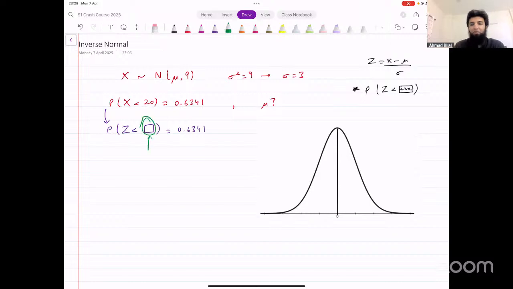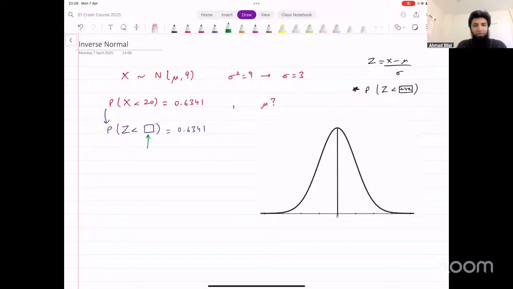Otherwise, we would get wrong answers, or we would have to convert it to some other form first before reading the table. Now, how do you figure out if z is positive or negative? That is the question. So first of all, you write it in z form, and then you figure out if the z value is positive or negative. Okay. Now, this is slightly confusing in the beginning, so make sure that you're paying attention. Once you understand it, it becomes straightforward.